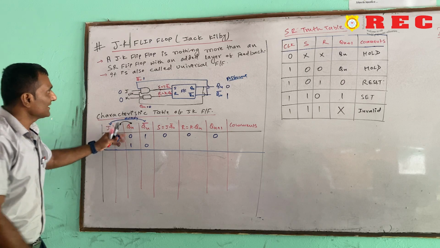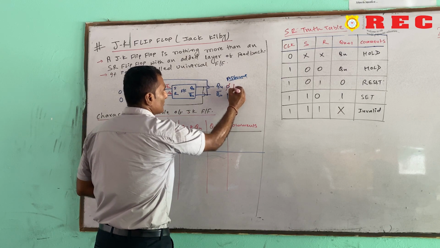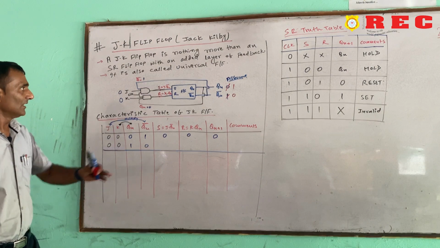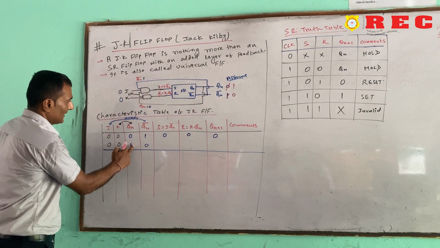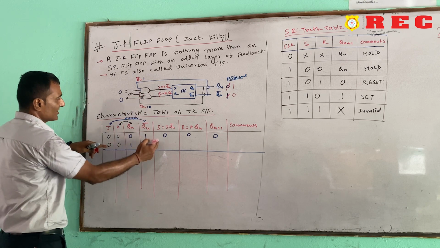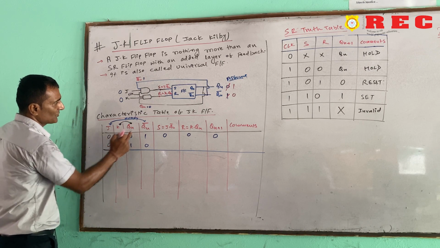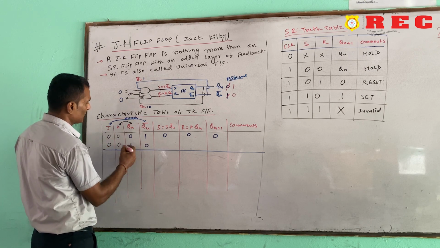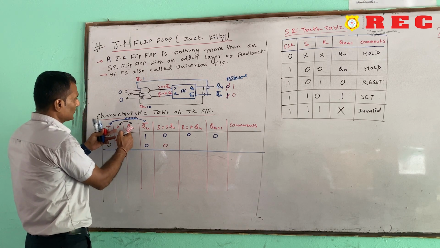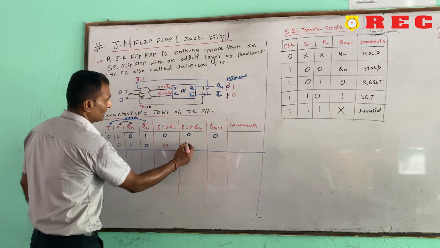Now we assume that Qn is equal to 1, then Qn complement will be 0. When Qn is 1 and Qn complement is 0, the same process goes here, and S is equal to J into Qn complement. Here J is 0 and Qn complement is 0, so 0 into 0 is equal to 0, and K into Qn is 0 into 1, which is again 0.